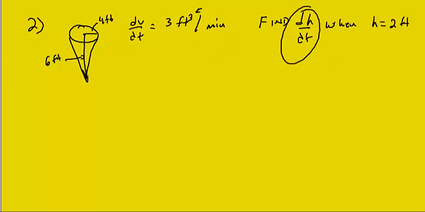Okay, it deals with the volume of a cone. That means you need to know the formula for volume of a cone. Volume of a cone is pi over 3 r squared h. Gotta have another unit, right?